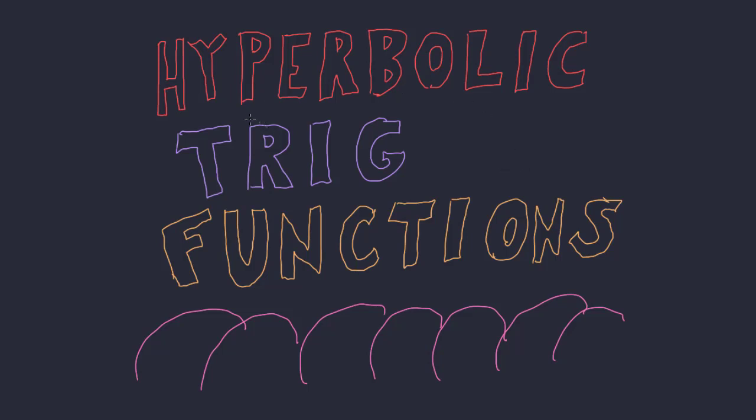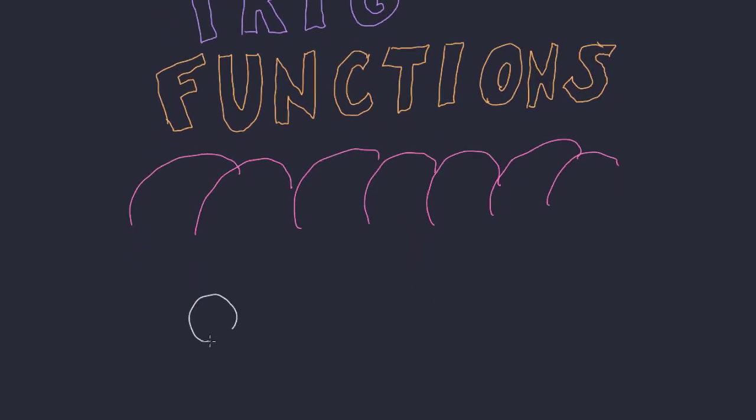Okay, so what are the hyperbolic trig functions? Well, the normal trig functions come from the unit circle, radius 1. I think most people think of triangles when they think of trig functions, but they're truly defined in a more useful way using the unit circle and then expanding it to other circles.